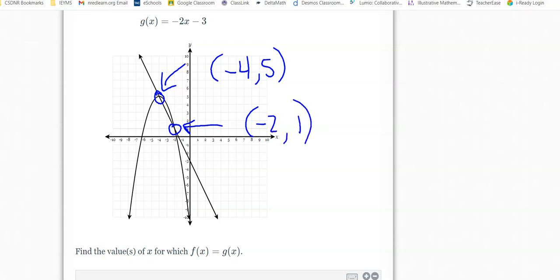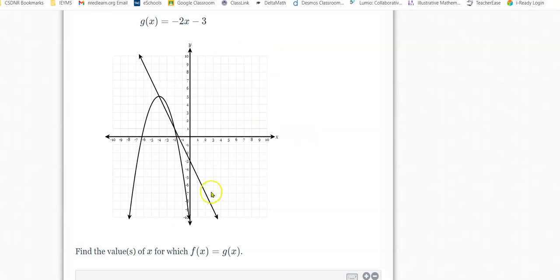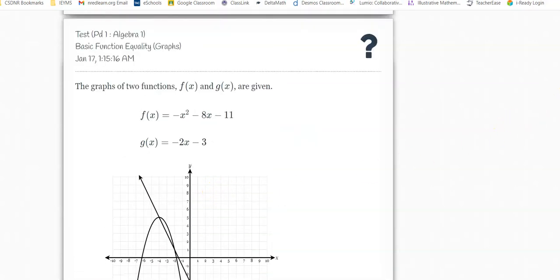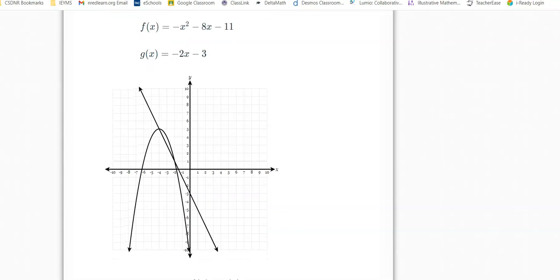Both equations, both functions, f of x and g of x, they both contain this point, meaning these values of x and y make both of the equations true. Right, so my first equation here, let me scroll up for a second, was -x squared minus 8x minus 11.